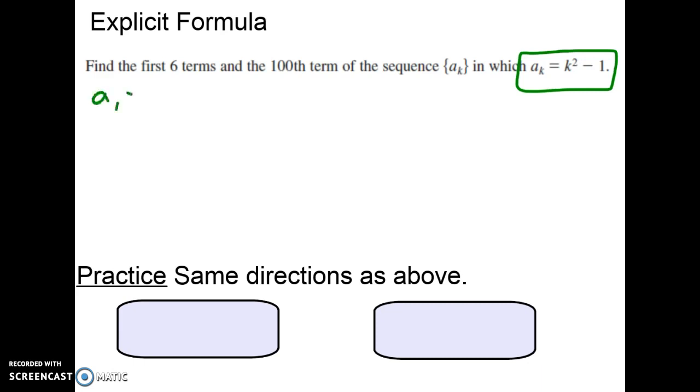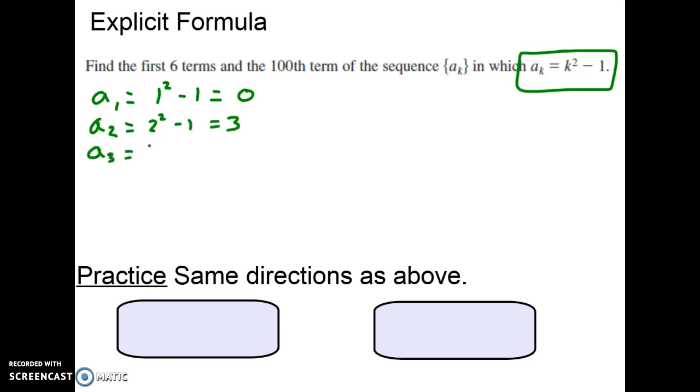So here we're going to talk about when we have a1. That would be 1 squared minus 1, which equals 0. 1 squared is 1, and we're taking it away. And then we say a of 2, so that just means that we're plugging 2 in for k. So here we have 2 squared, which is 4, minus 1, which is 3. And you keep going, so on and so forth.